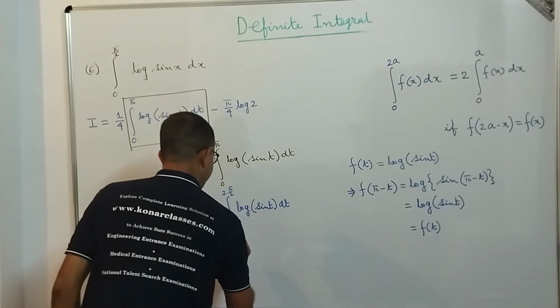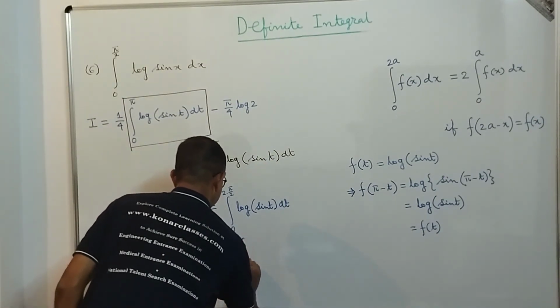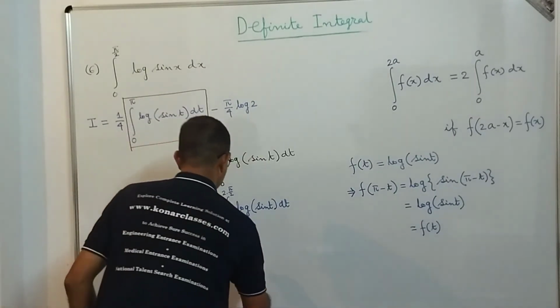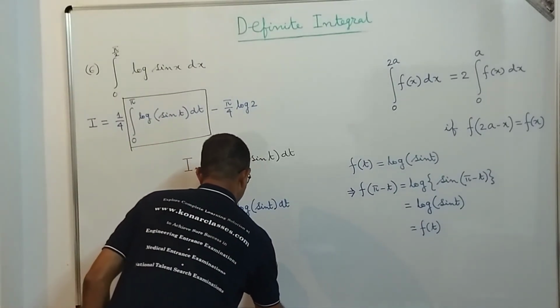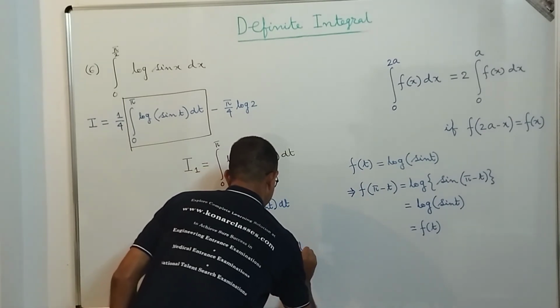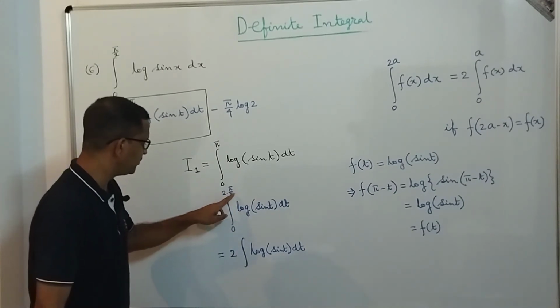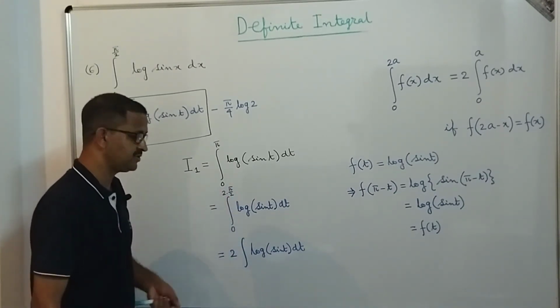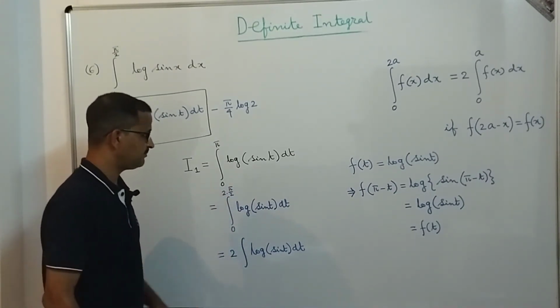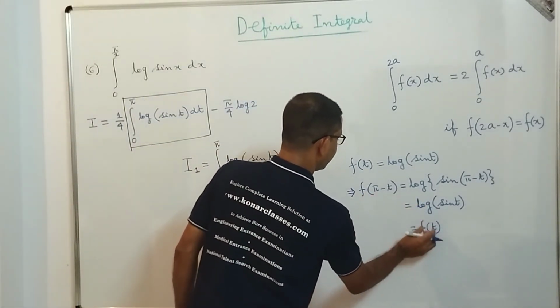So what we can write? This is equal to 2 times the integration of log of sin t dt. I repeat once more, from 0 to 2a, where you can assume a as pi/2, and f(2a minus t) is equal to f(t).